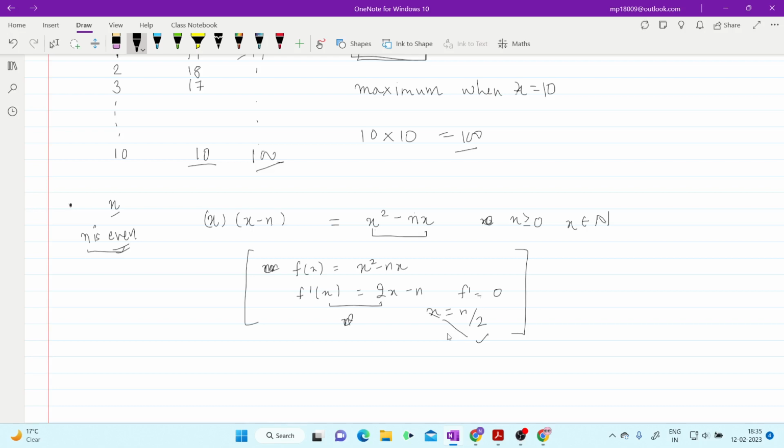So this function, if n is even, is attaining its maximum at x equal to n by 2, and the maximum number of edges will be n by 2 into n by 2, which is n square by 4. So yeah, we can generalize this.